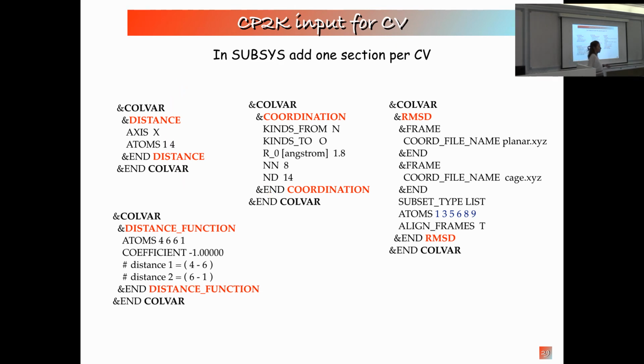Every collective variable needs obviously different parameters. Sometimes you need, for example, a cutoff, and then you have to specify maybe the units, so you have to look at which are the assumed units. You have to know the analytical expression of each collective variable to know which parameters to set. So these are just a few examples.